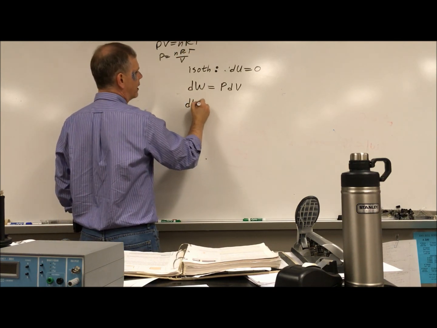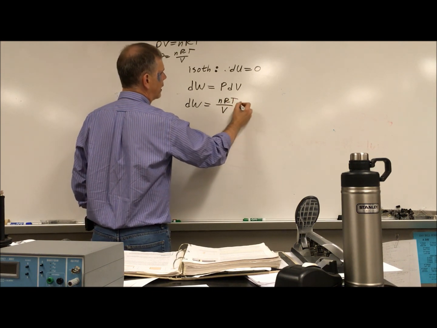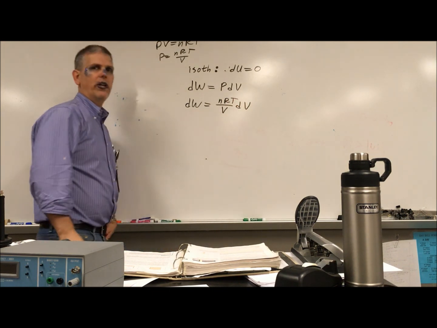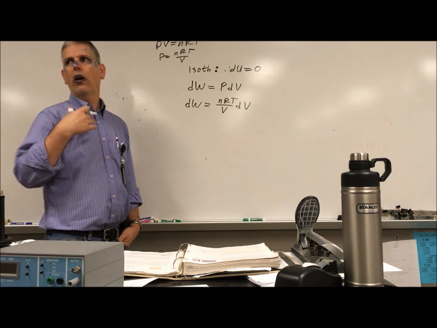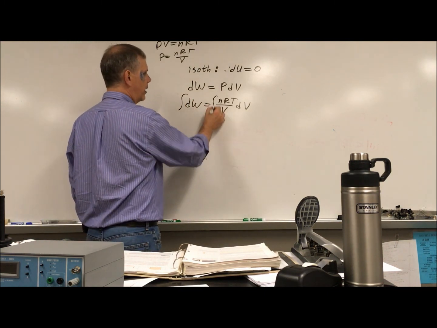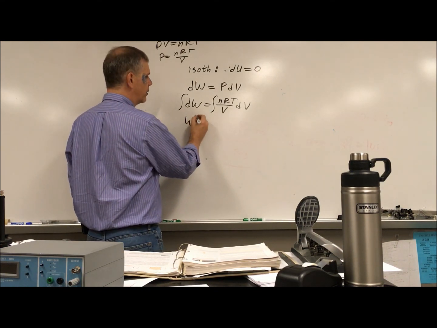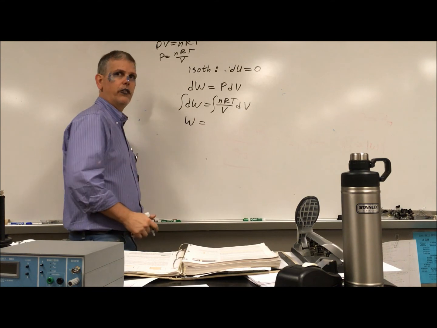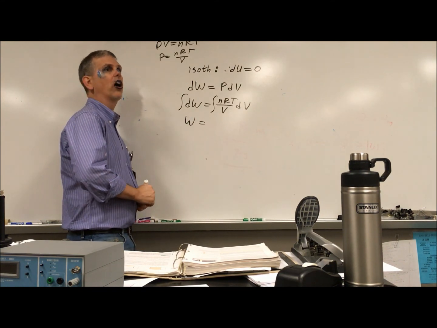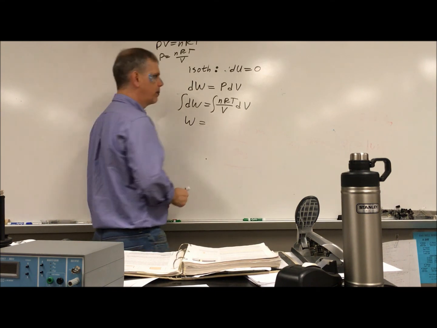So now we have dW equals nRT over V times dV. But we don't want a little bit of work, we want all the work done, don't we? So we put our integral signs on, and this just becomes W. We take out the constants, which are nR and T, because we are talking about an isothermal process.